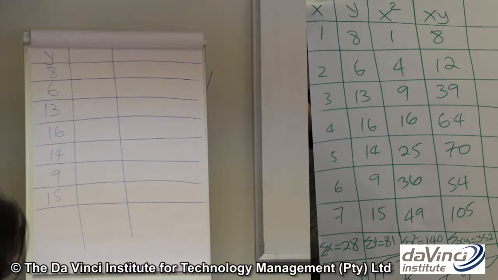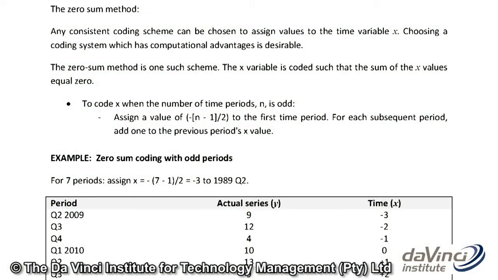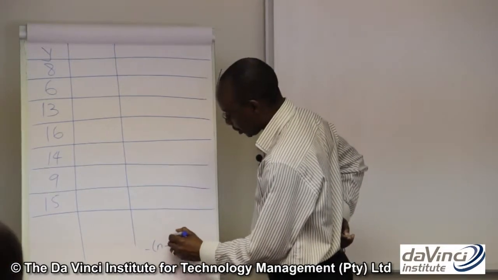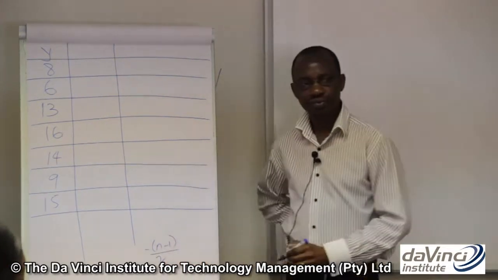Okay. On page 101, it says you say n minus 1 divided by 2. There is a minus before. So you say minus, and then n minus 1 divided by 2.